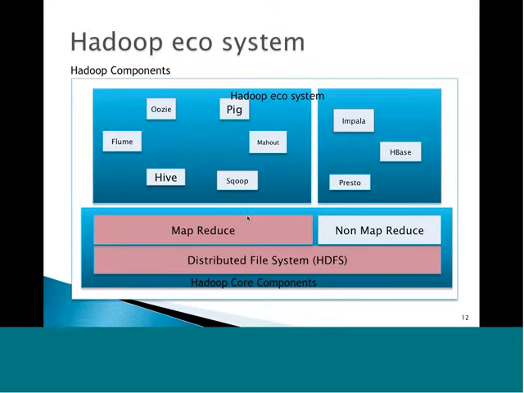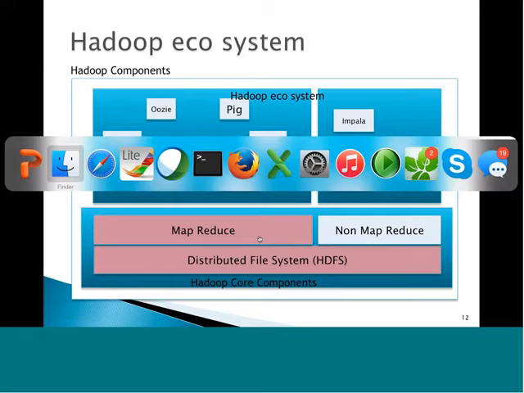There are MapReduce based tools like Hive, Sqoop, Mahout, Pig, Oozie, Flume, and also non-MapReduce tools like Presto, HBase, and Impala.